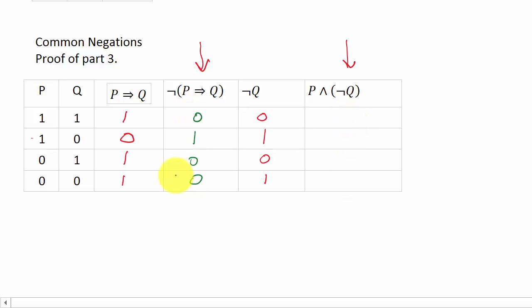Let's see what happens. So we have P and not Q. So we're looking at this column and this column, and we're doing and. So the only way that this is true is if both of them are true. Alright, well here we have true, false, so that's false. Here we have true, true, so that's true.